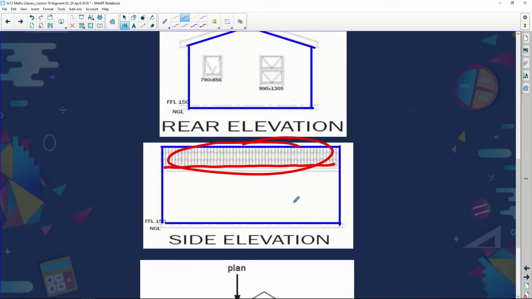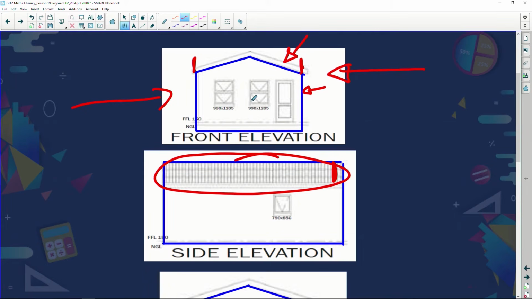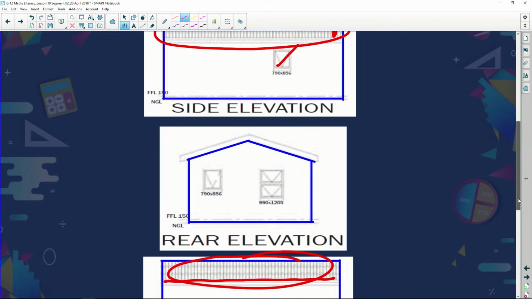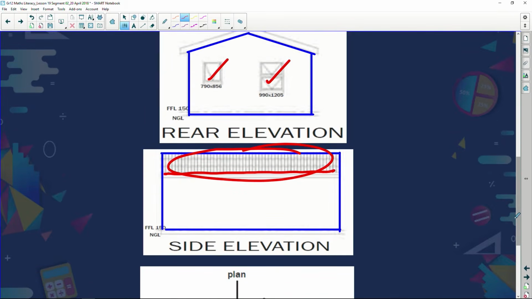So if I were to look at this house, I could ask you, how many windows are in this house? Well, let's have a look at that then, shall we? From the front, I've got 1, 2 windows. Then 3. Okay, so that's 1, 2, 3 windows. We've then got another one here, 4, 5, and nothing there. So I have 5 windows.